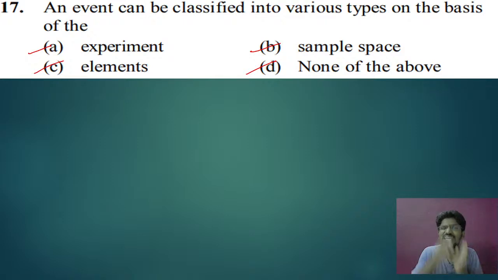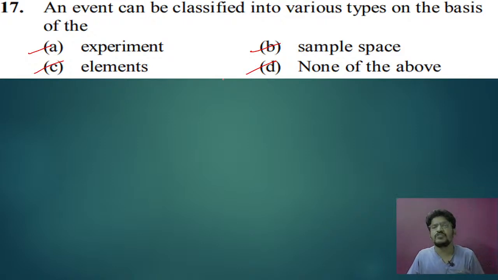An event can be classified into various types on the basis of what they are asking. Please listen to the question carefully. Option A, experiment. Option B, sample space. Option C, elements.